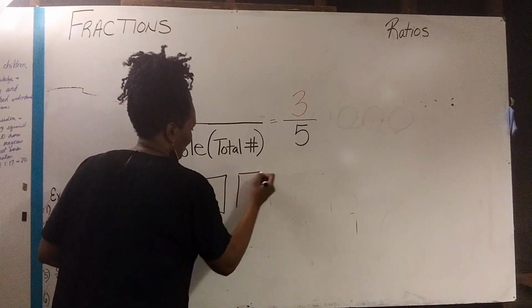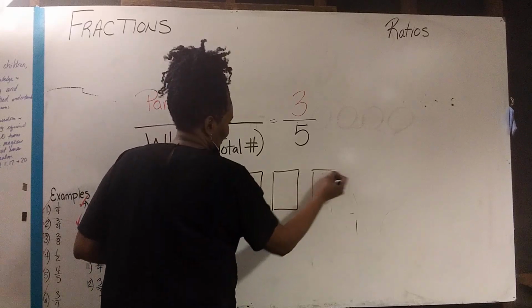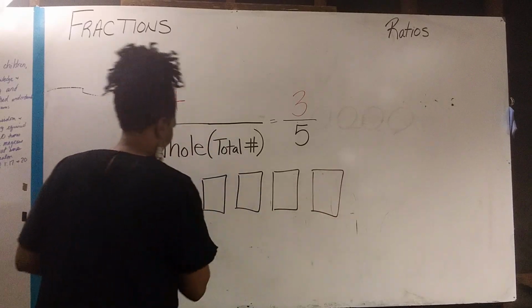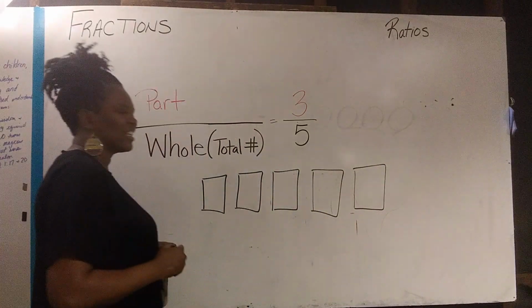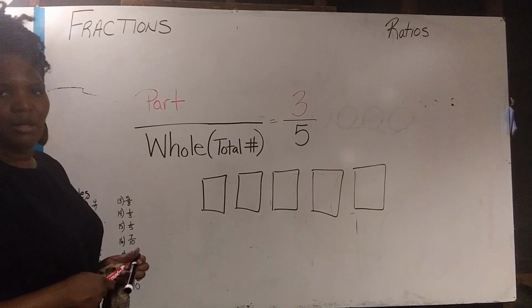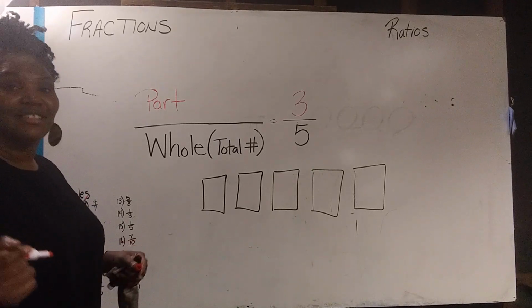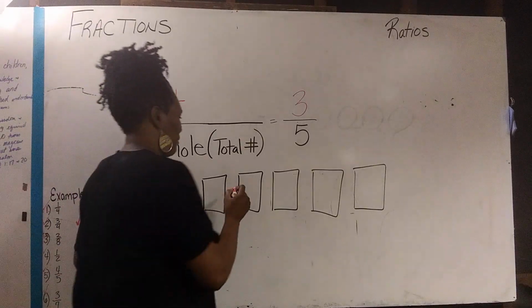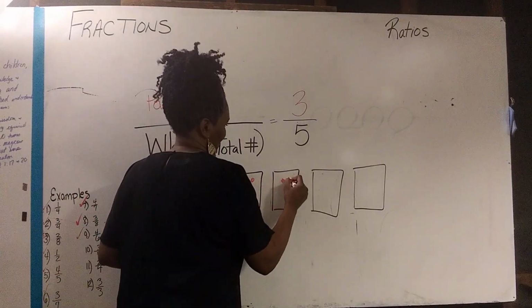1, 2, 3, 4, 5. Actually, guys, these are more like rectangles, but anyways, you know they're supposed to be squares. How many are going to have smiley faces? 3. Good job. I'm going to make my 3 in the middle have the smiley faces.